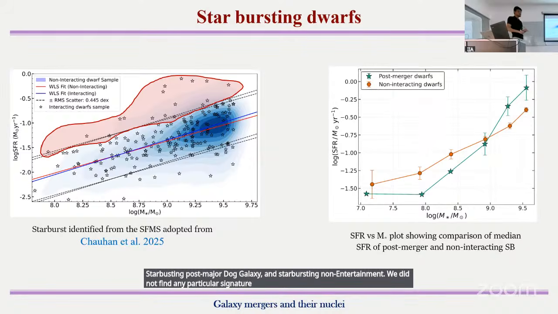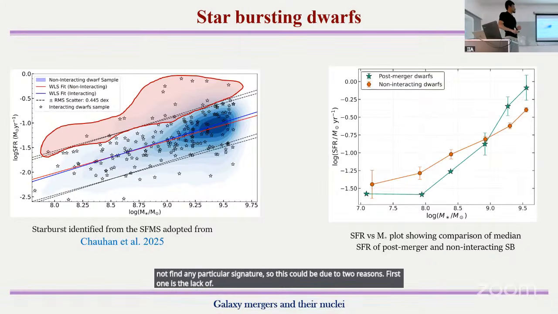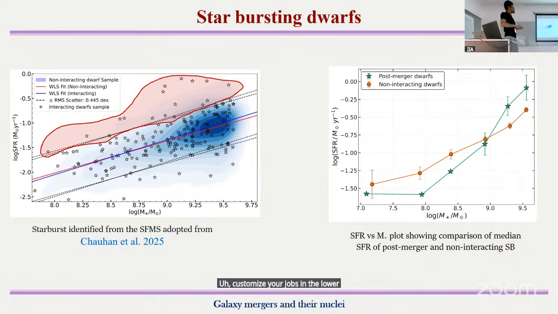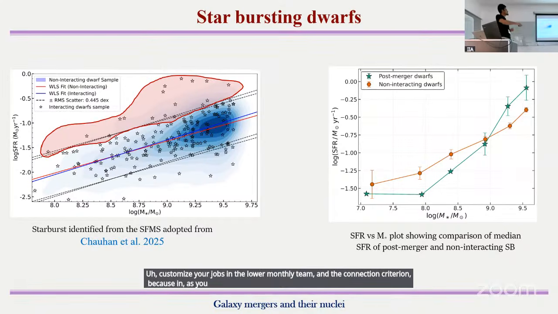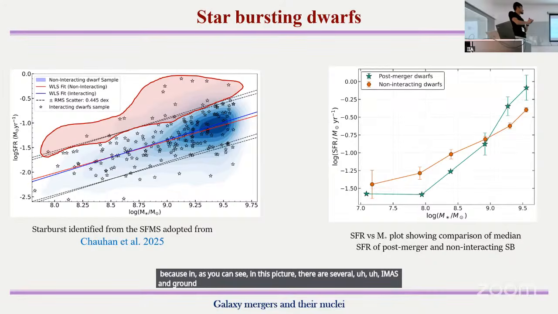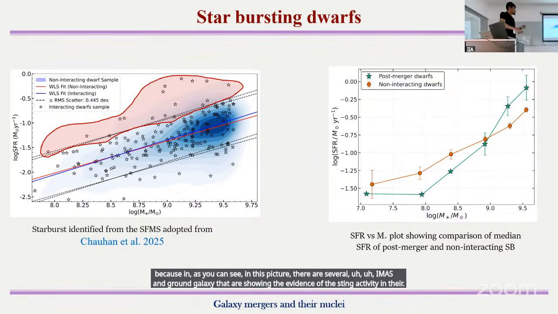This could be due to 2 reasons. The first one is the lack of post-merger dwarfs in the lower mass regime, and the selection criteria, because as you can see in this picture, there are several high mass and dwarf galaxies that are showing evidence of starbursting activity in their star formation scenario.